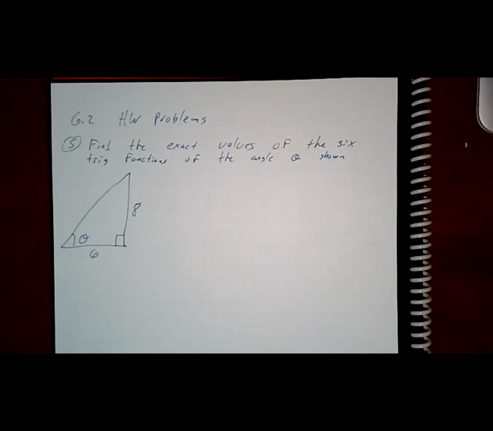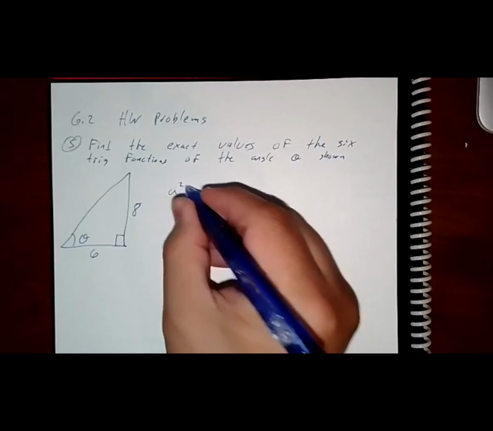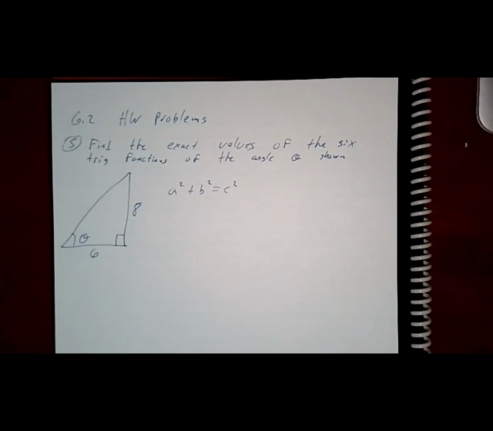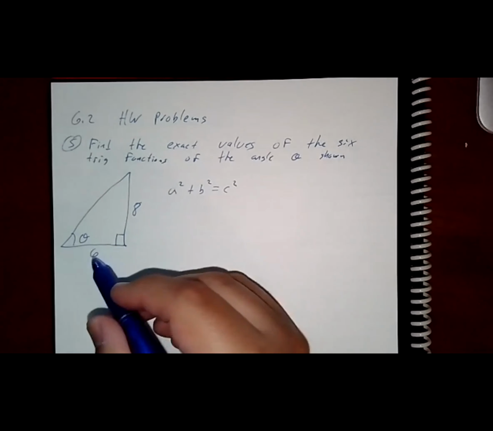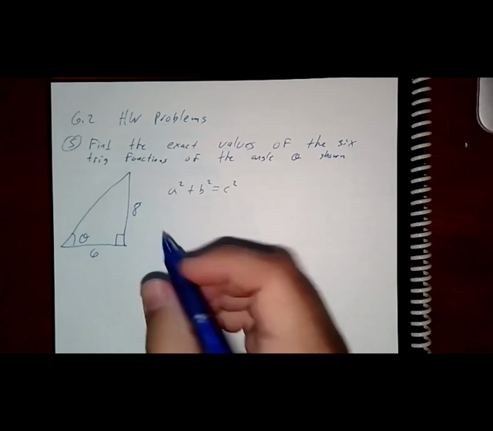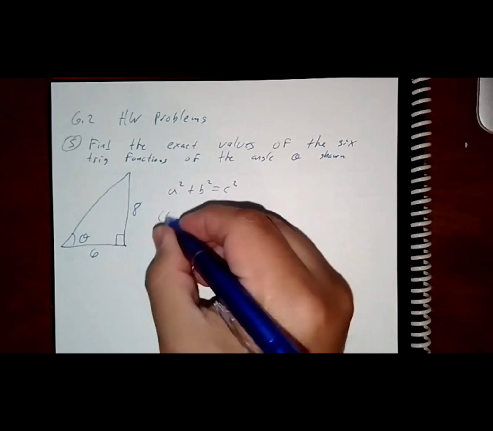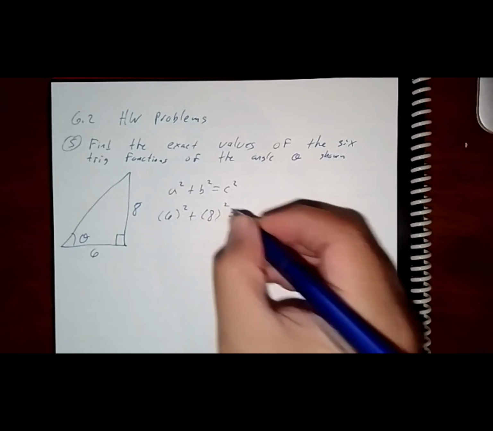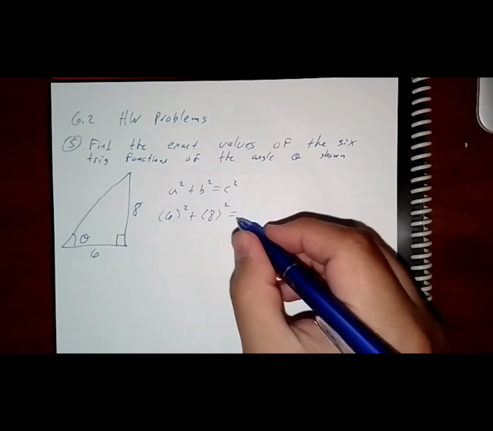Pythagorean theorem. Yeah, we have to go back to our old school stuff, right? You remember? So it doesn't matter which one you choose for A or B. I don't really care. So just plug in some numbers. The only thing that matters is which one is the hypotenuse, right? Because there's only one of them.